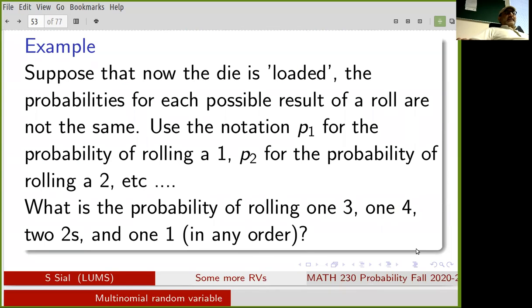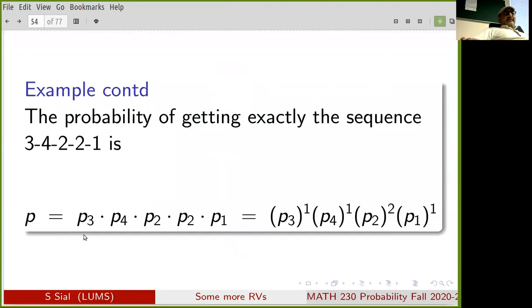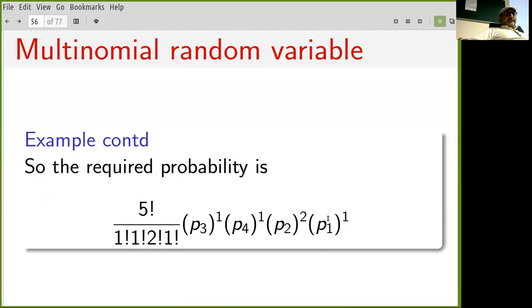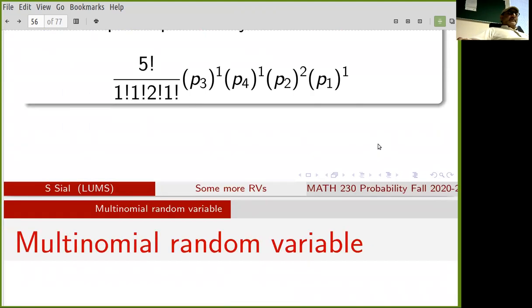Then you multiply it by the number of sequences that meet our requirement, 5 factorial divided by 1 factorial, 1 factorial, 2 factorial, 1 factorial. So you add up the probabilities for all of those, and you get this expression: the number of such sequences times the probability of any one of those particular sequences.